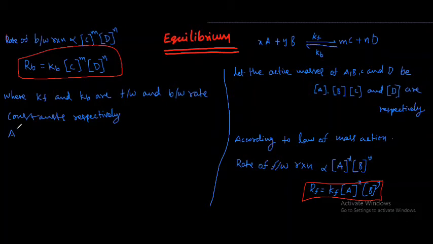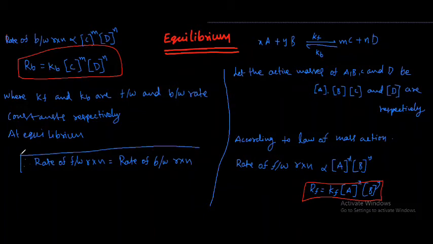At equilibrium, the rate of forward reaction is equal to the rate of backward reaction. We know that at equilibrium, the rate of forward reaction is equal to the rate of backward reaction. Then Rf is equal to Rb.